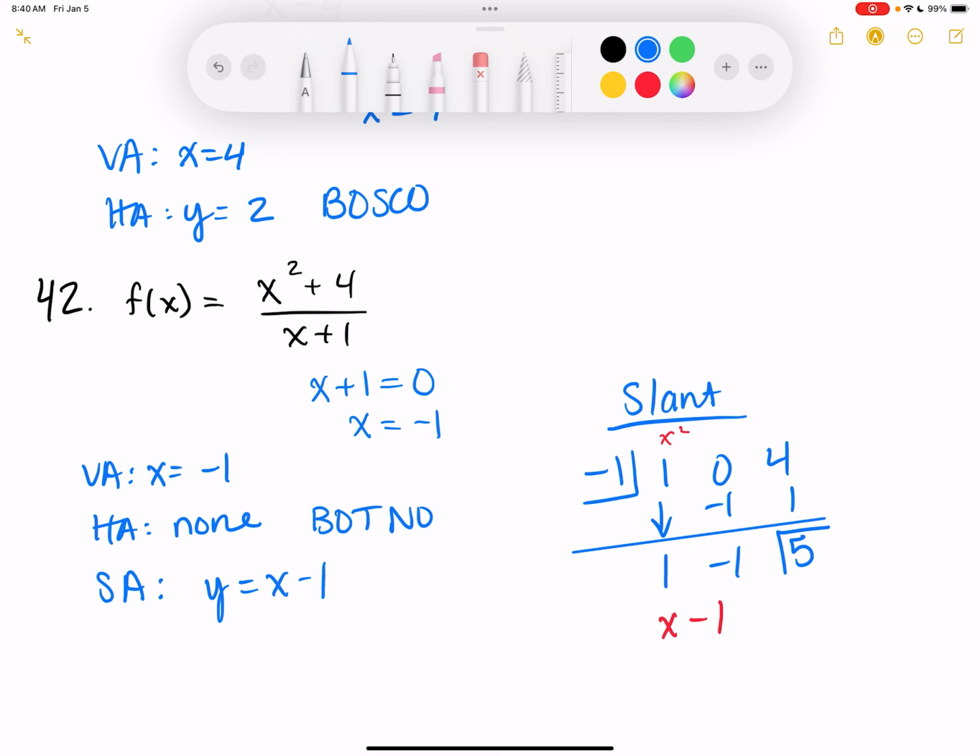Now, do you notice anything about the equation of a slant asymptote compared to a vertical asymptote or a horizontal asymptote? It's y. What's different about y and x? Yeah, so it's an equation of, I'm going to say, a normal line.